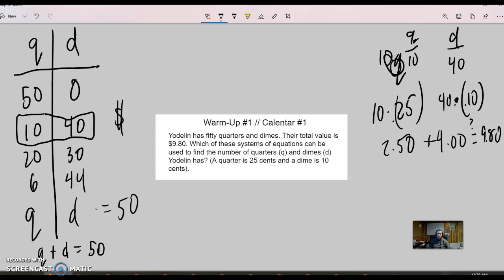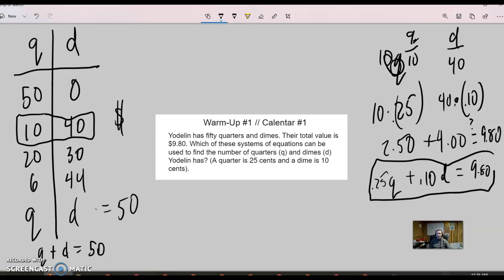But we don't know how many they are, right? So let's use our Q and D. So it'd be 25 cents times every quarter we have, plus 10 cents times every dime we have. Okay? And so that would start to equal $9.80. Again, there's a pattern here as you start to see them, but I want you to really imagine that pile of quarters and that pile of dimes, and then how would you find out how much money that is?